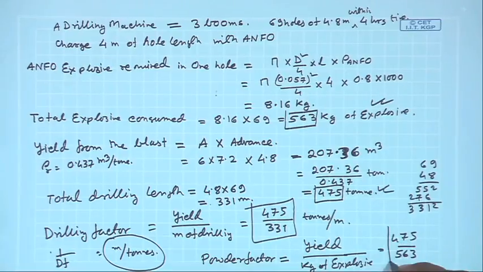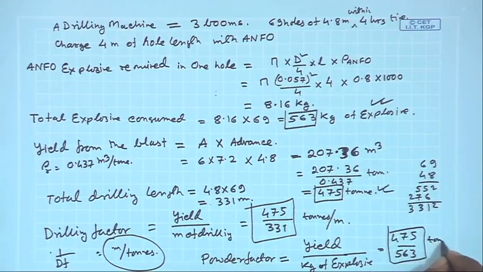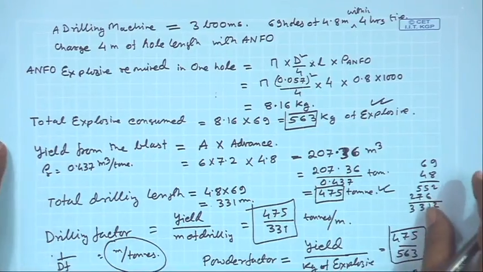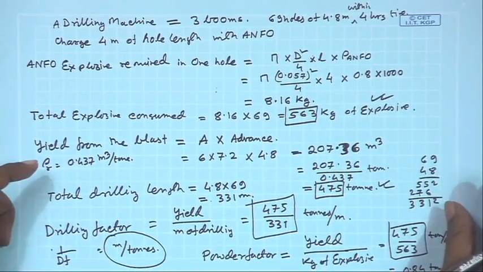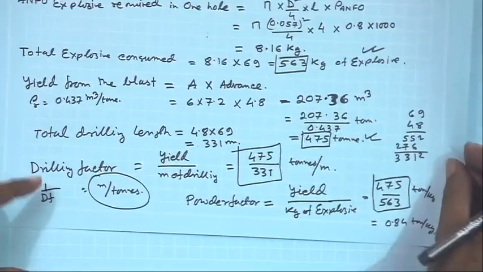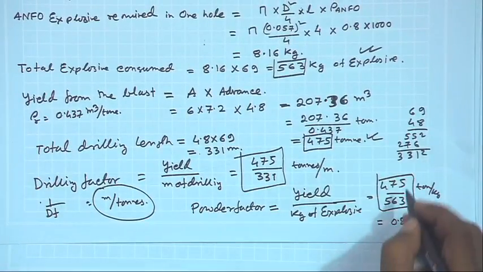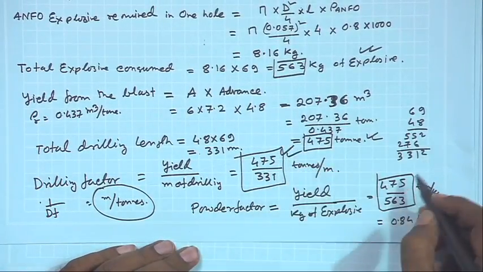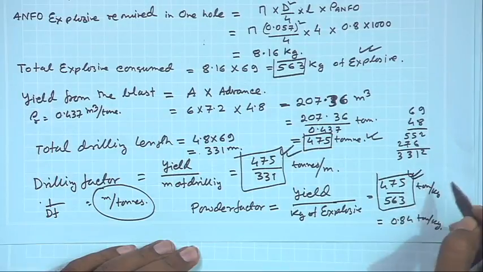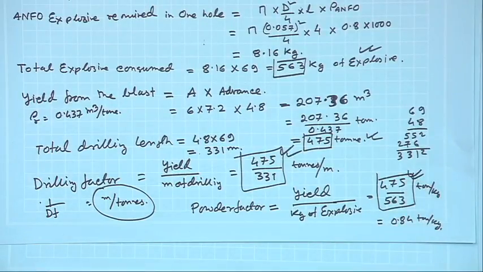So, this is the ton per kg. So, it is coming around 0.84 ton per kg. So, this is more or less the calculation you can carry out for calculating the drilling factor and calculating the powder factor.